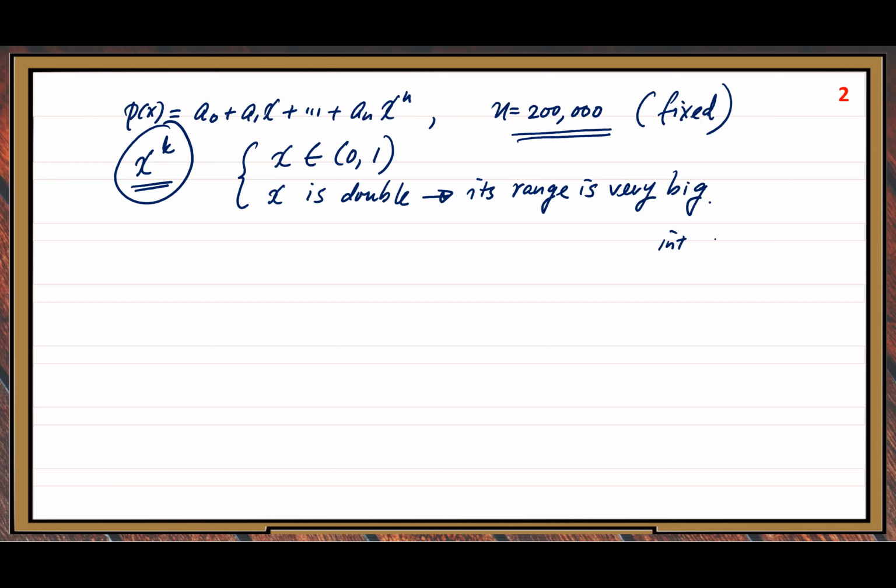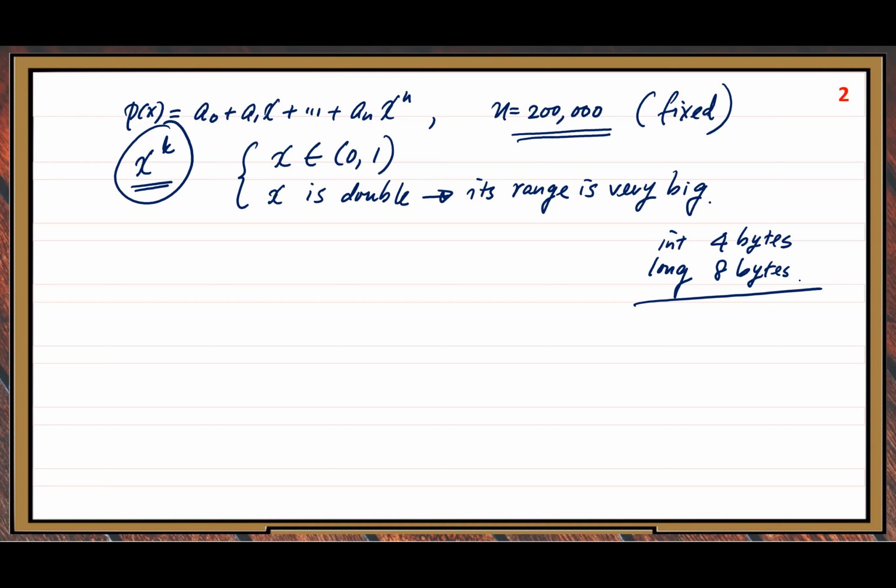If I use Java, an int is 4 bytes. If we use a long integer, 8 bytes. Not a very big integer. For double, although we also use 8 bytes, we can represent a much larger number.